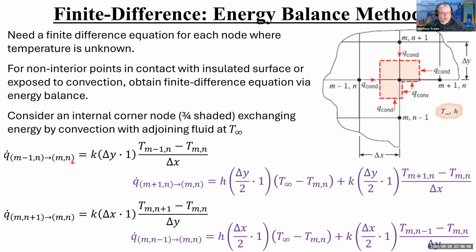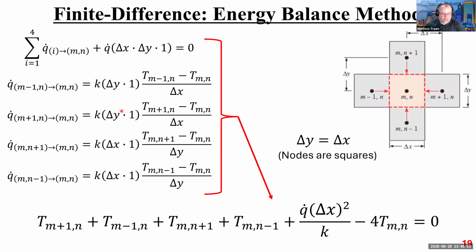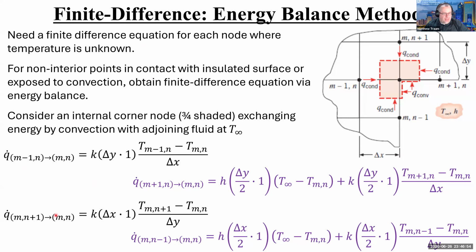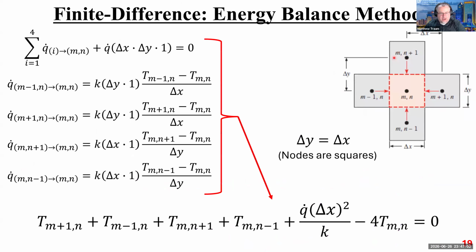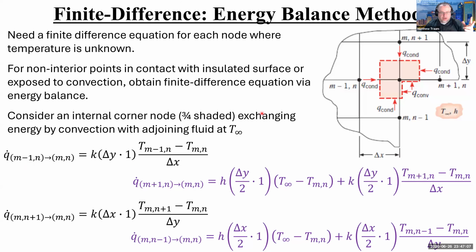That's just our old conduction equation from before when we had heat generation. And this one, m n plus 1, m n plus 1. So that's conduction across this surface, which again is the same equation as we had before. We need two new equations now for the convection on this surface and this surface.